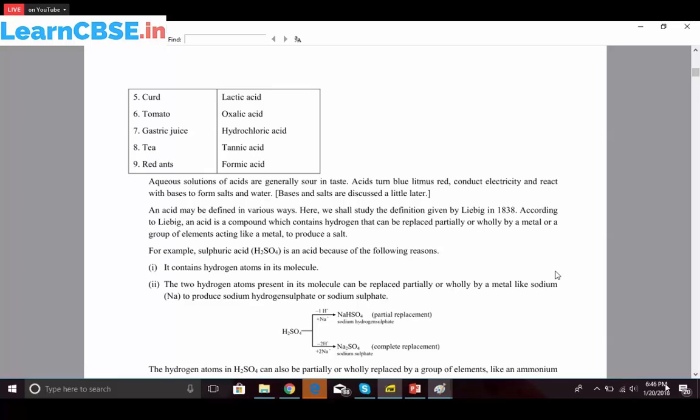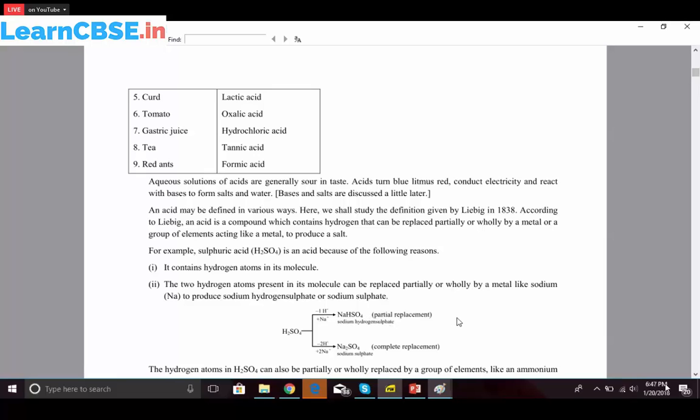Why are we using sodium here particularly? Because sodium is a highly reactive metal, so it can replace the H plus from the sulfuric acid. In the place of hydrogen, we substitute one sodium atom. When you add one Na plus, one H plus has to be removed. So NaHSO4, sodium hydrogen sulfate.